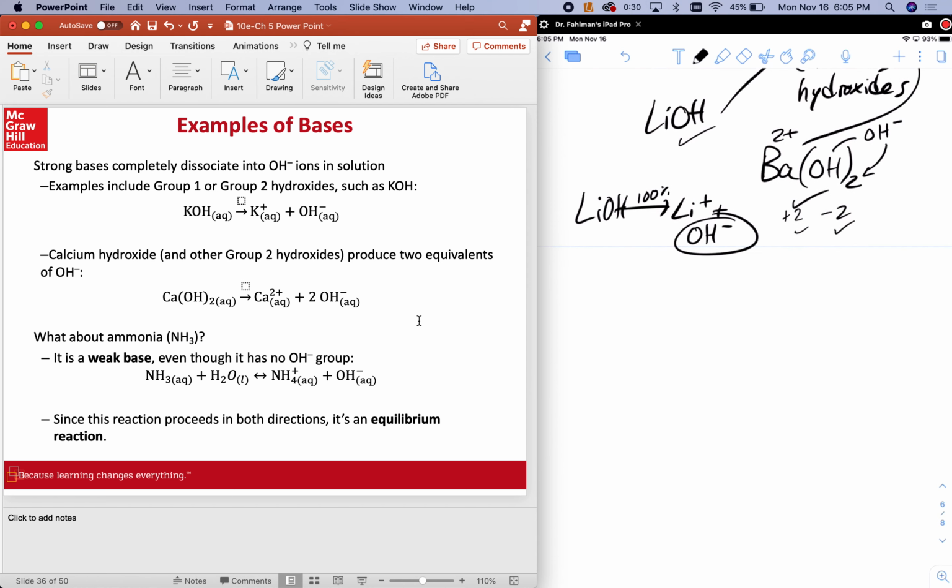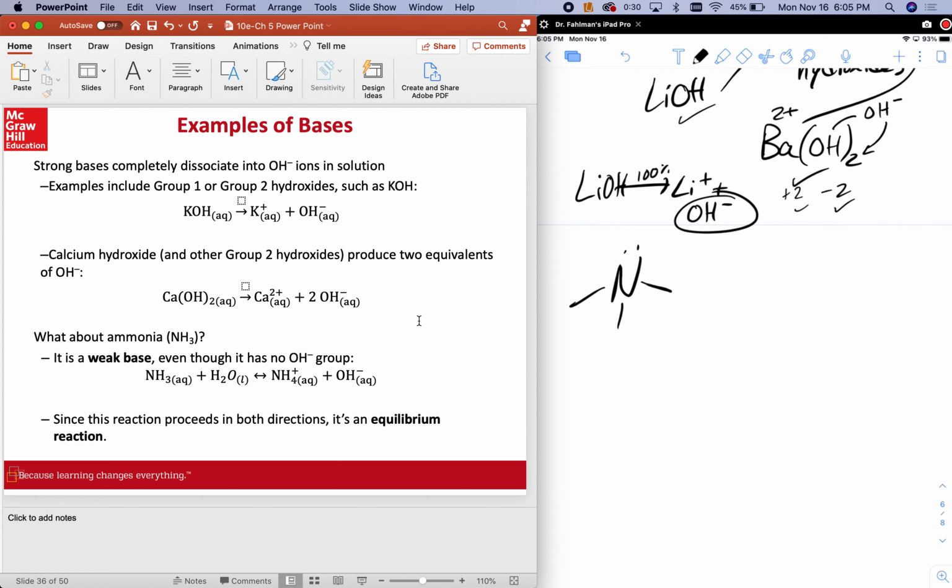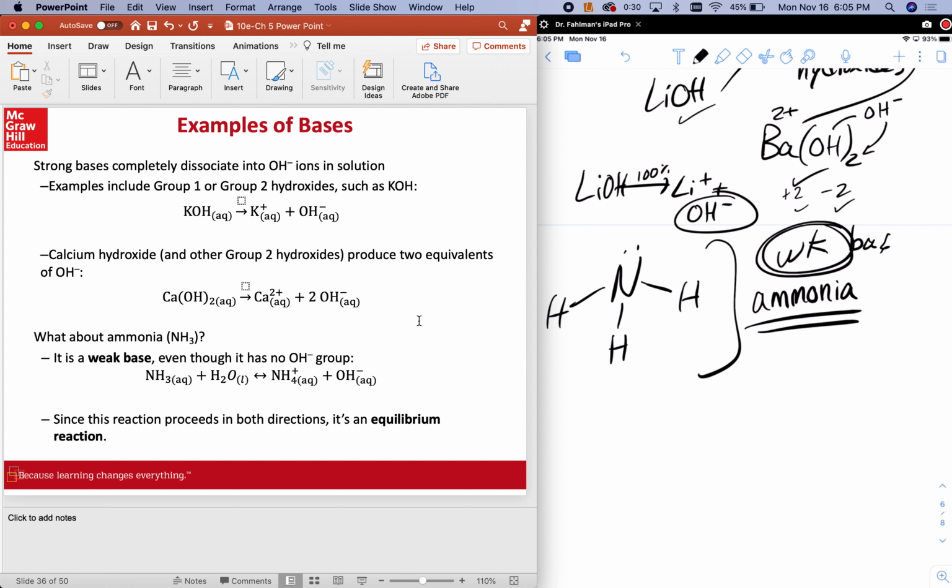Weak bases are very typically where you've got nitrogen with 3 substituents or groups connected to it. They could all be hydrogens, and this is called ammonia. All of these are weak bases. Ammonia is one, or you could have a combination where maybe you've got one hydrogen and then different groups here, let's say this.